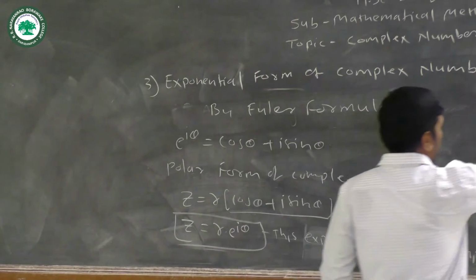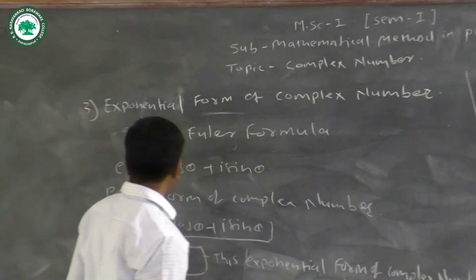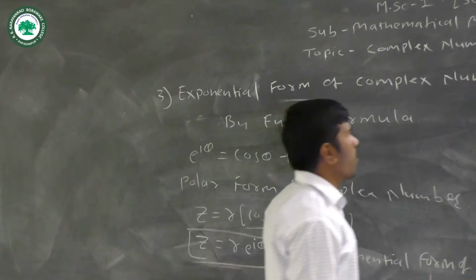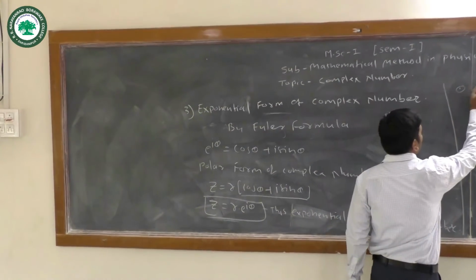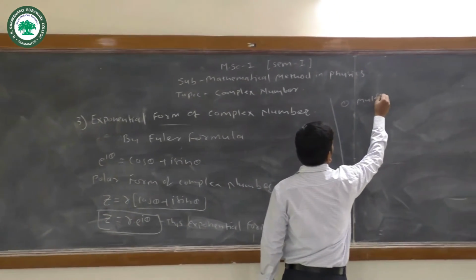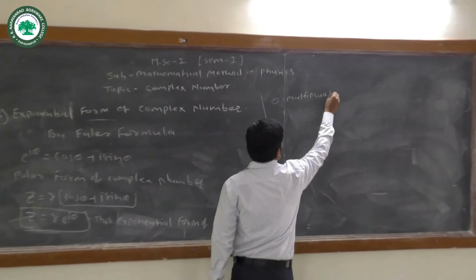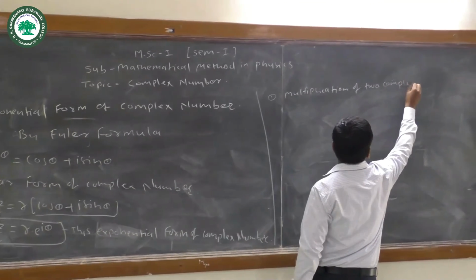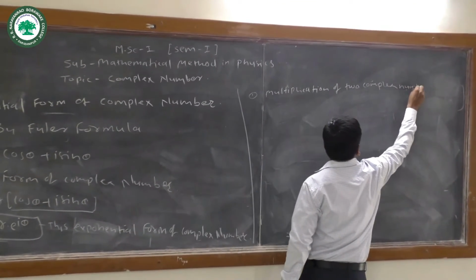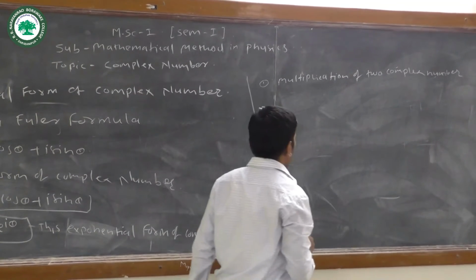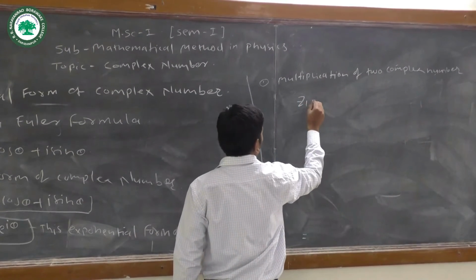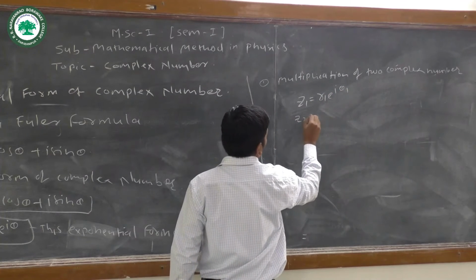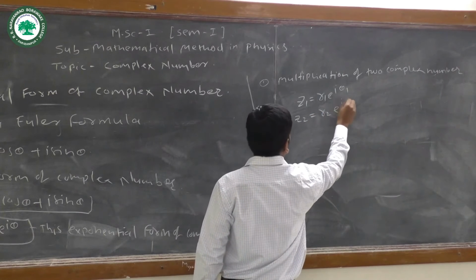Now let's see the algebra of the exponential form of the complex number. First, the multiplication of two complex numbers in exponential form: z1 is equal to r1 e raised to i theta 1 and z2 is equal to r2 e raised to i theta 2.